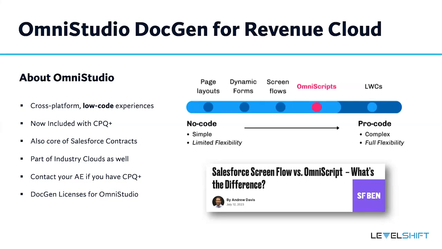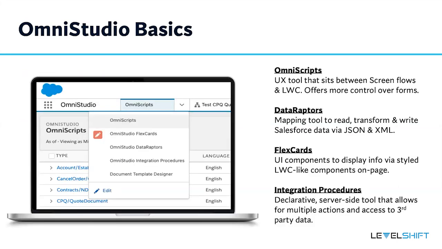One caveat for doing DocGen, or document generation, with OmniStudio is that it does require additional licenses. That can be set up through your AE and support, or we can help you out as well if we're working on a project with you. Hopefully that paints the picture as to where it fits within the Salesforce platform and how it relates to CPQ.